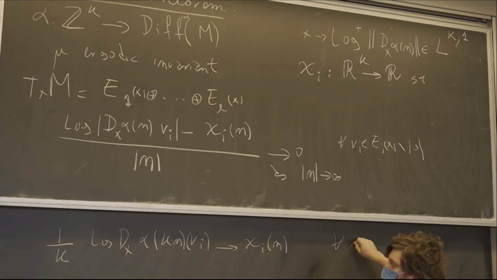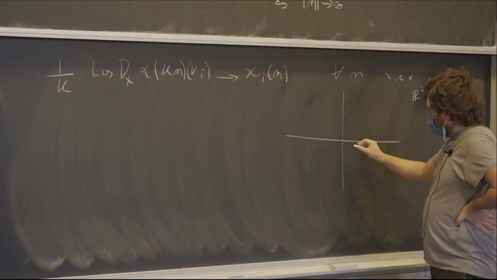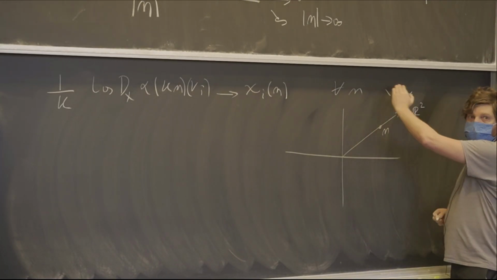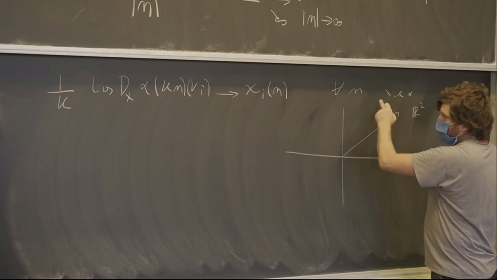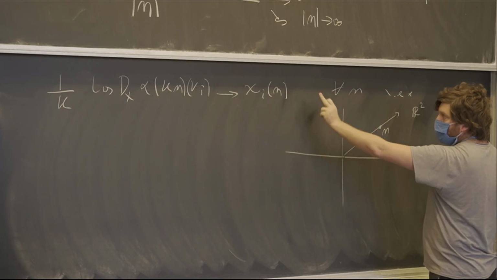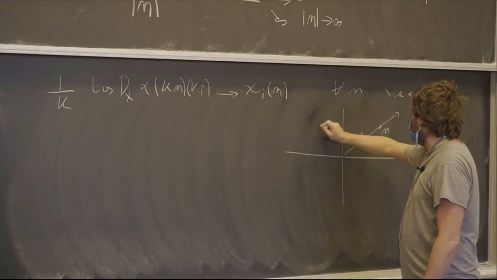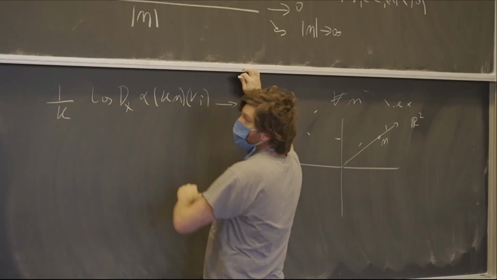Okay, so this is true for every n, and for almost every x as well, and same v_i's and blah blah. So when you go to the picture, so if this is R^2 or Z^2 for that matter, so this is telling you that when you go to infinity along this ray, then you have the right thing. But having the right bound or the right limit when you go along rays doesn't imply that you have the right estimate when you grow whichever way you want to infinity. And this is what you really care.